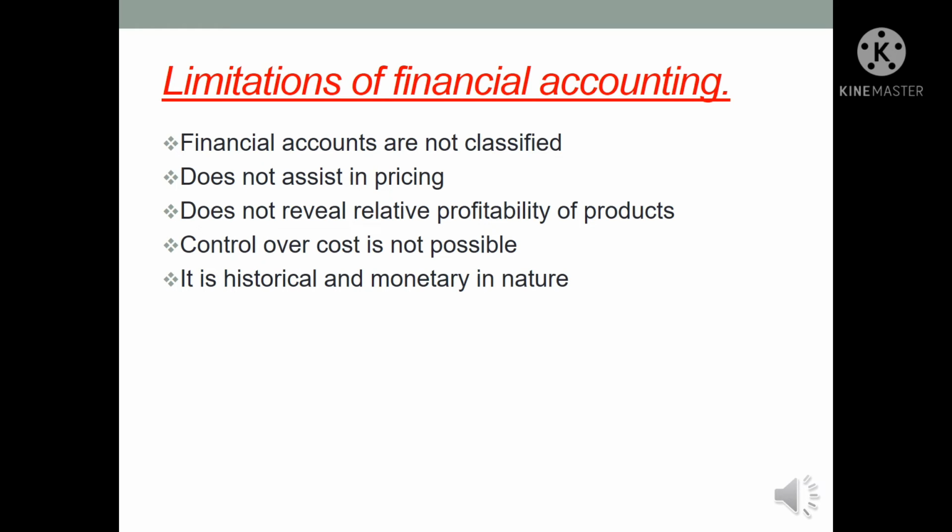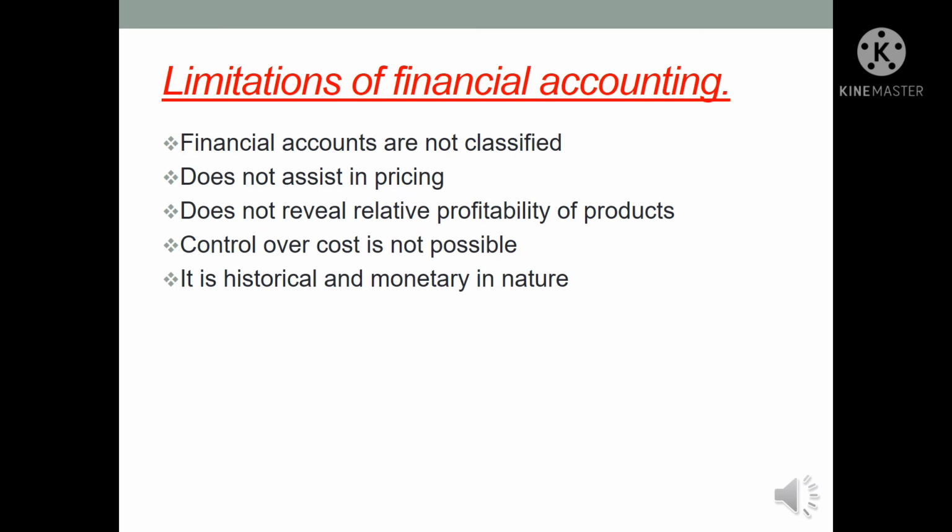Management needs cost information department-wise, or process-wise, or job-wise, or product-wise, so that the responsibility of individuals can be pinpointed and effective managerial control can be exercised. But financial accounts are not so classified to provide such information.